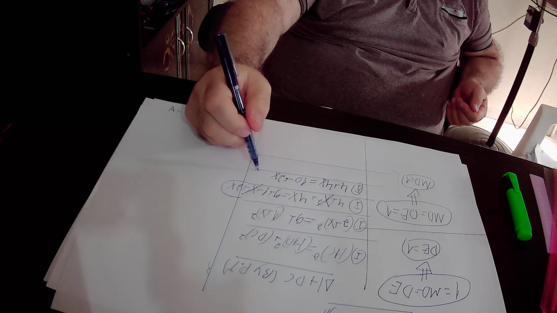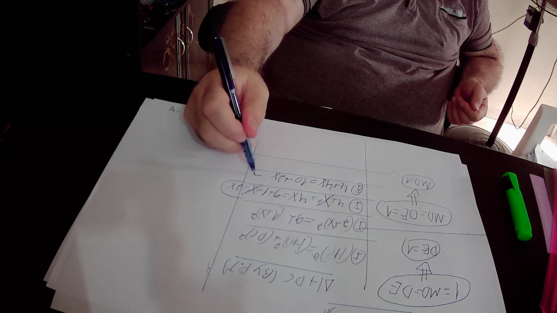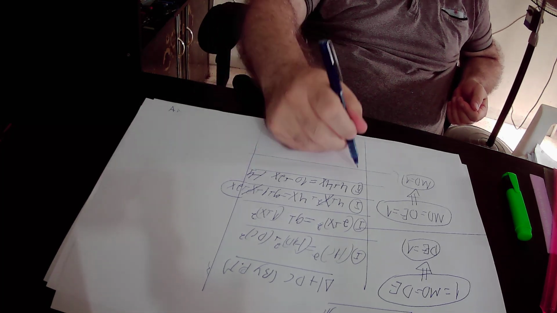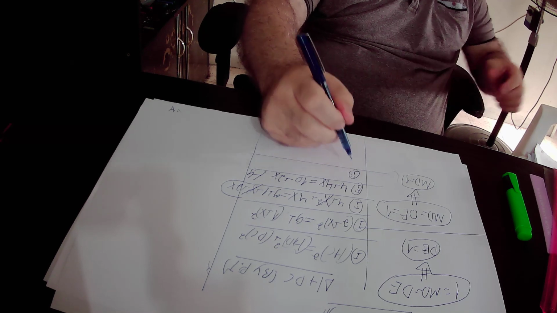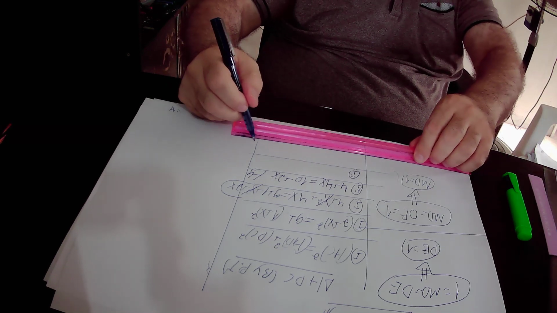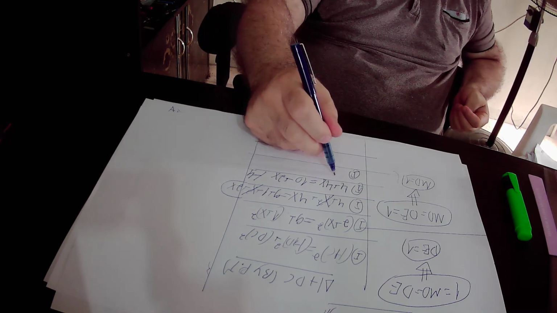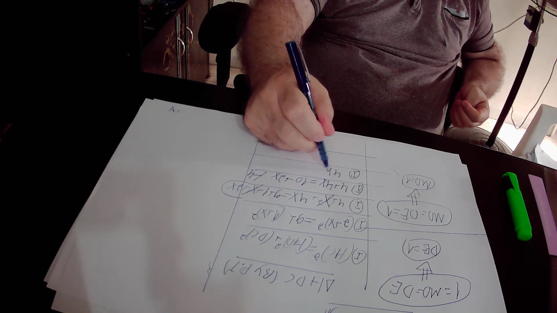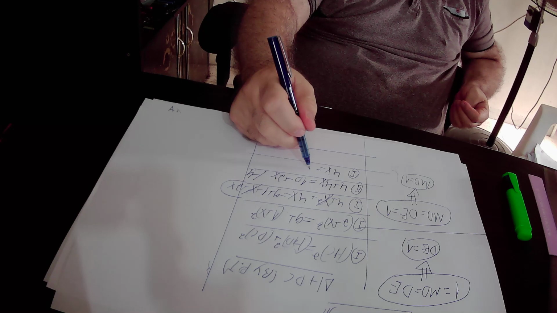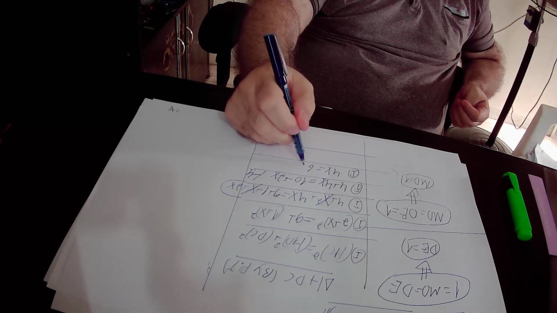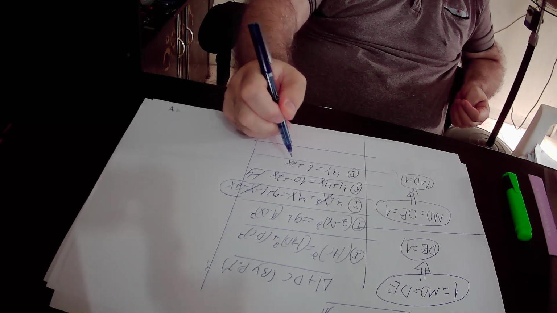Here we'll subtract 4 from this equation, equation number 1, and we get that according to equation number 1, 4x equals to 10 minus 4 is 6 plus 2x.